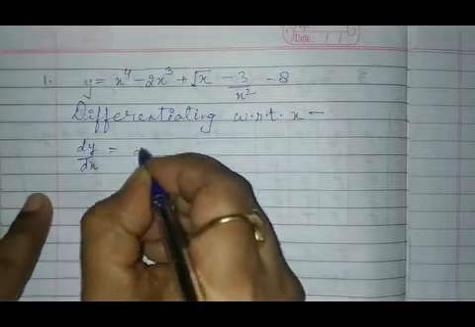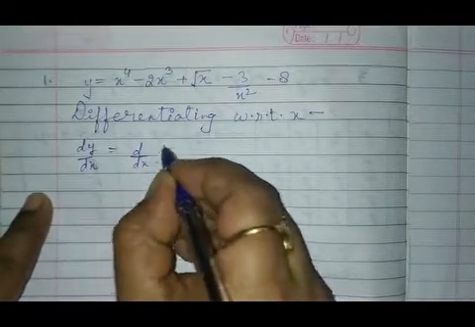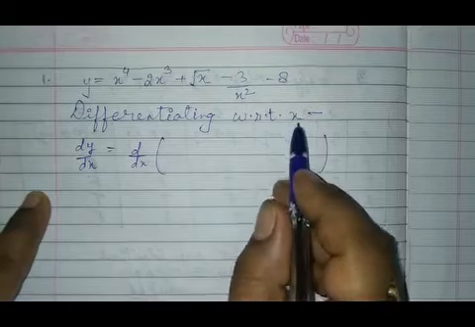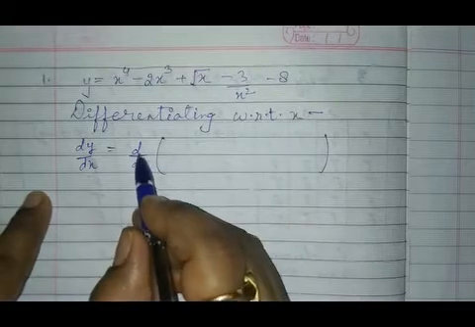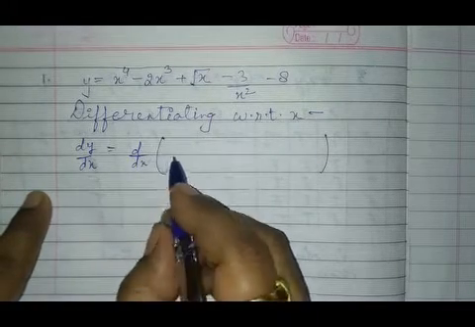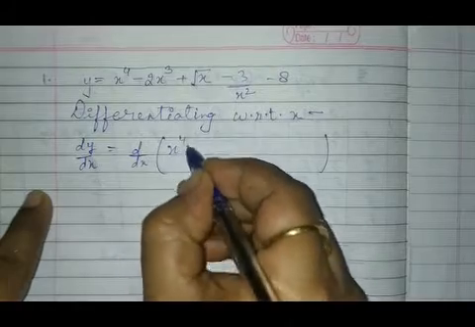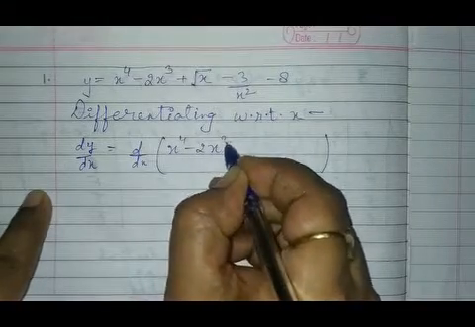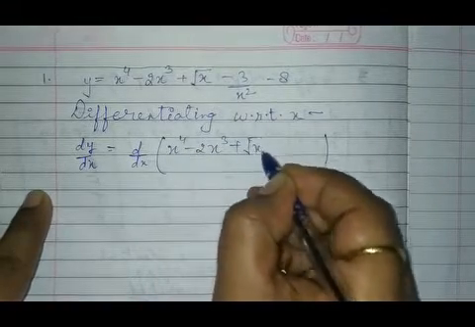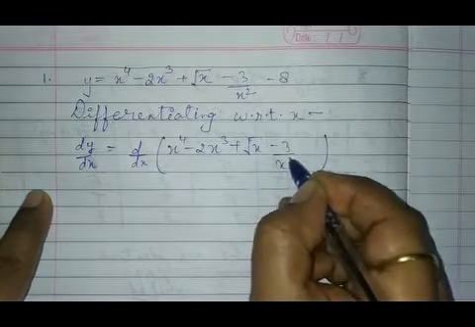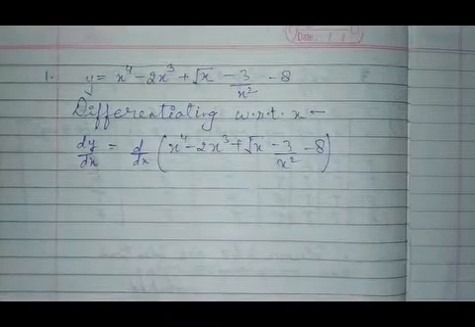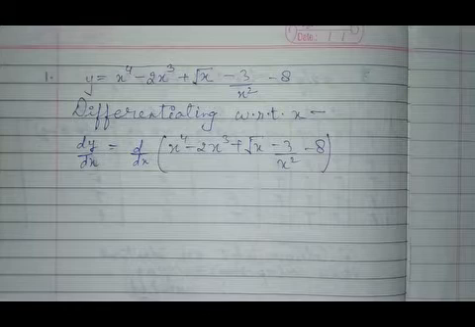So we write d by dx of the function, x raised to 4 minus 2x cube plus root x minus 3 upon x square minus 8. This is the basic.